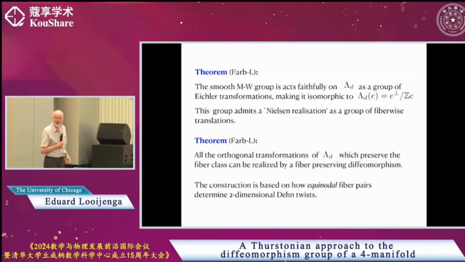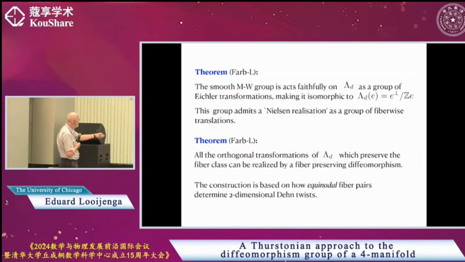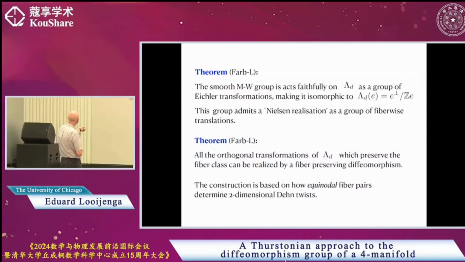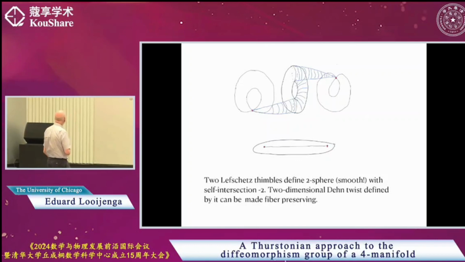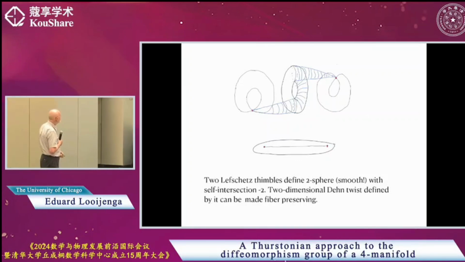I use here terminology that I did not introduce, so let me give you some idea of what's going on with the picture. There you go. So what is the situation here? It looks a bit cryptic, but think of this as a disk downstairs, which is in the Riemann sphere.